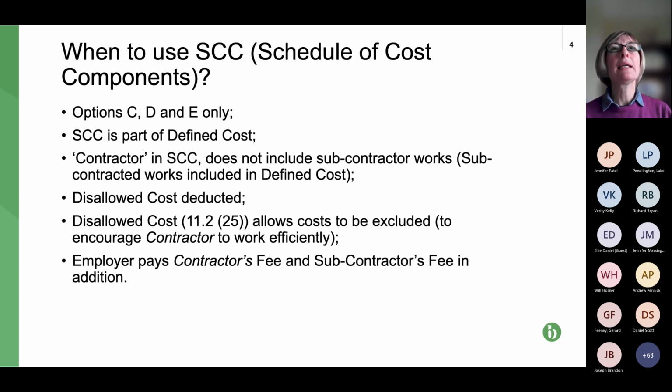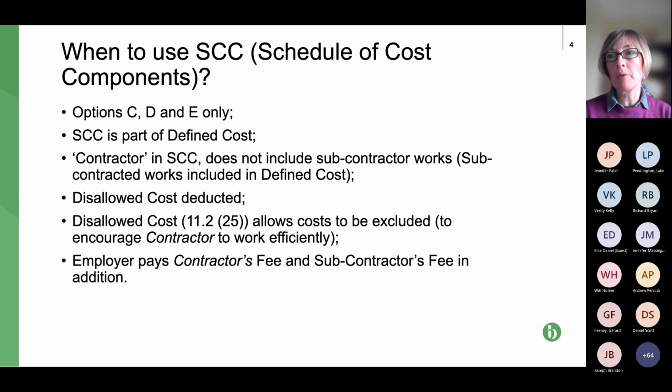So high level, the aim of the schedule of cost components is to set out the actual cost that a contractor or subcontractor business pays in regard to all the things it pays for. So it's staff, it's subcontractors, it's plant, it's equipment, etc. If you're thinking with your business head on, what's missing from that?